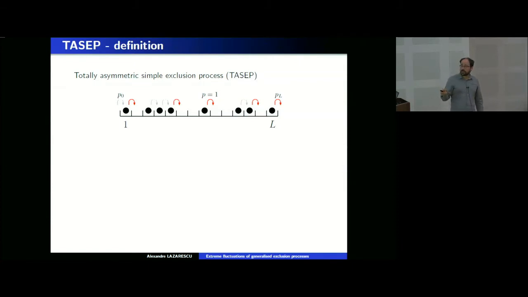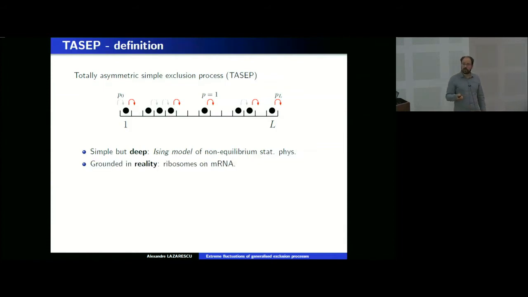And in the bulk of the system, particles cannot jump onto a site which is already occupied. This is a very simply defined model, but it has very, very deep physical behavior. It's rightly considered as the Ising model of non-equilibrium statistical physics. Also a very reasonable model for some actual physical or biophysical systems.